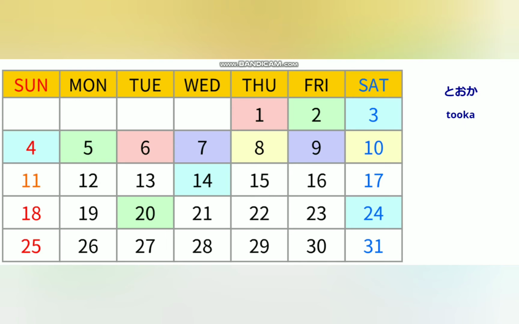Now, the 11th day of the month, 11日. Now we're back to our basic counting, right? So you just have to apply your basic knowledge of numbers and then just add nichi. So, juuichi nichi for the 11th day of the month. Again, juuichi nichi for the 11th.